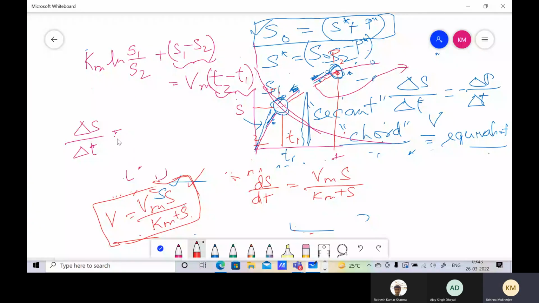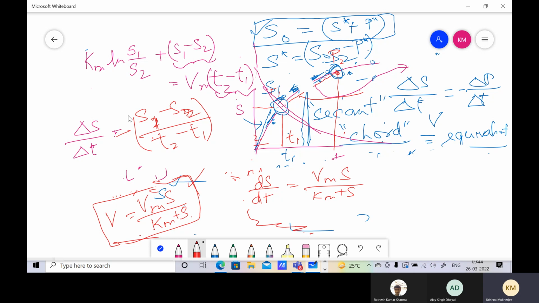So this is delta, this is S2 minus S1, or S1 minus S2, sorry, this is S1 minus S2 divided by T2 minus T1, because वो नेगेटिव होता है अदरवाइज, ठीक है, so now this is the slope of this chord.